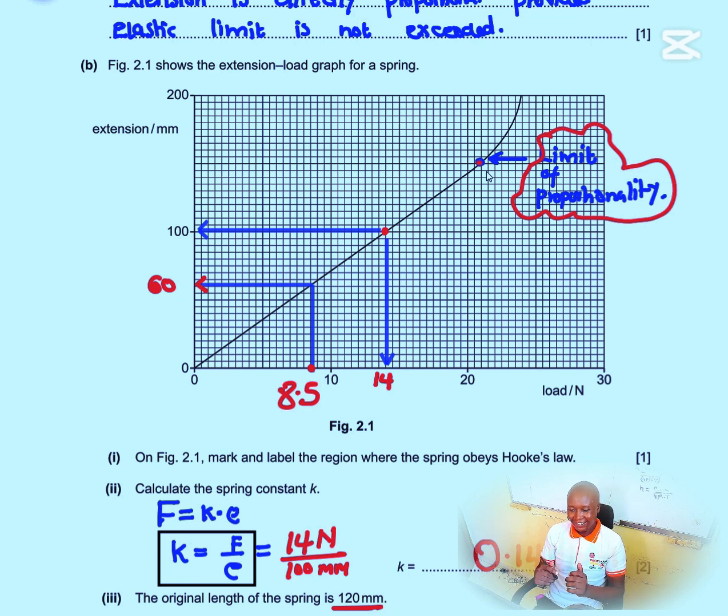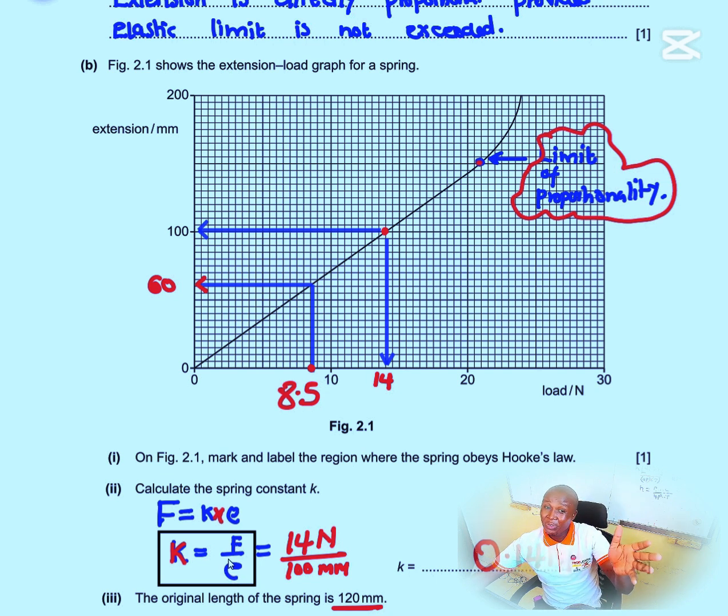Okay, all right. If you have understood that, you need to understand also the Hooke's law formula: force is equal to the spring constant times extension. So if you're working out the spring constant, you need the force and extension.